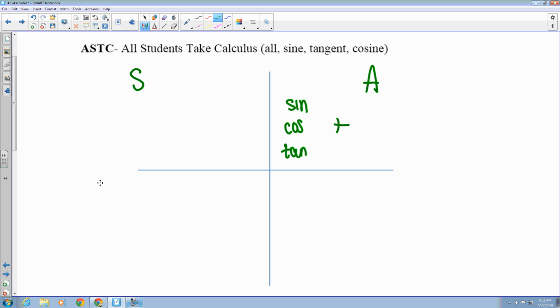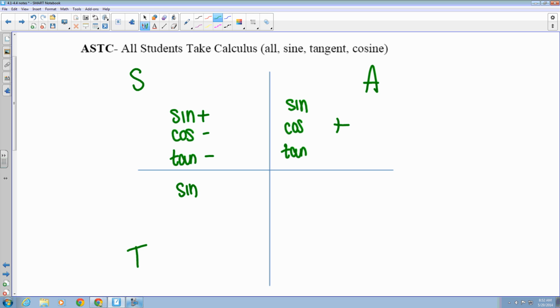As we go around, we have S, which just means that sine is positive. So cosine and tangent would both be negative. T, ASTC, remember?